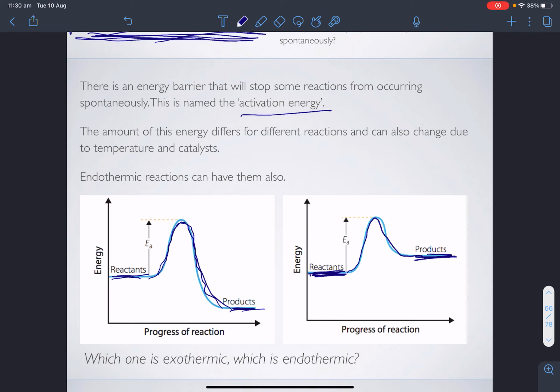So you still need some activation energy. So this one is endothermic, and this one here is exothermic. Sometimes these diagrams are called energy profiles, or you might hear them referred to as energy diagrams. They're talking about the progress of the reaction and the changes in energy. They're very handy diagrams.